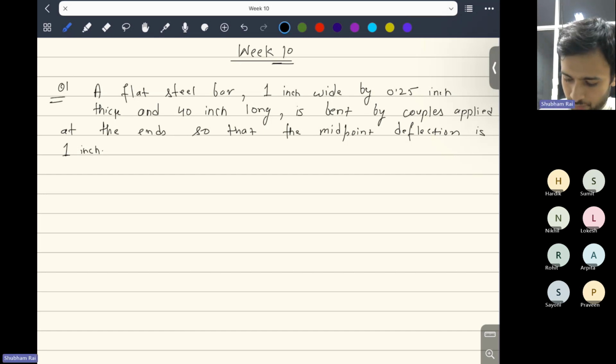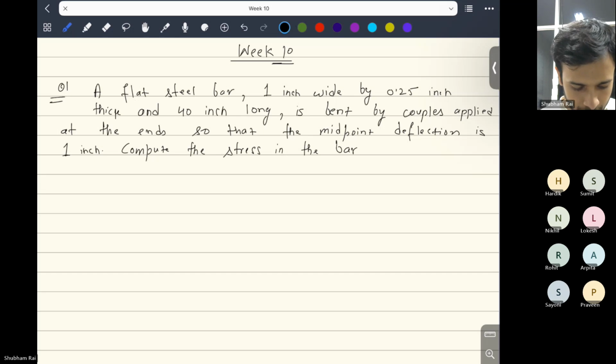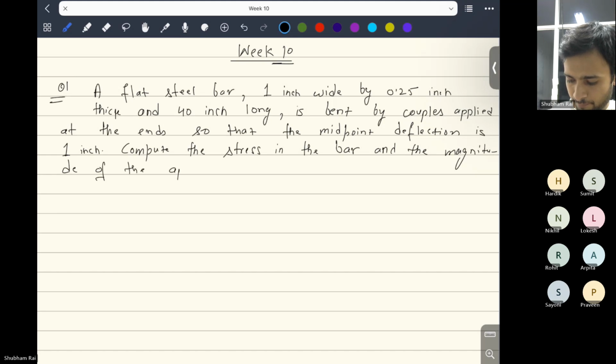So what you have to do is compute the stress in the bar and the magnitude of the applied couples. Now this is the kind of inverse problem.